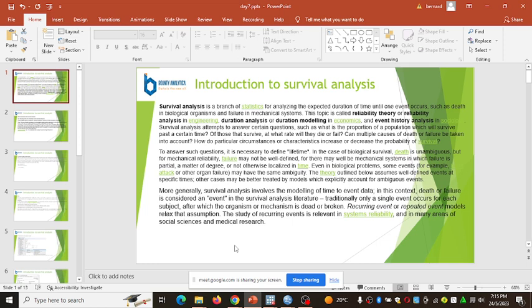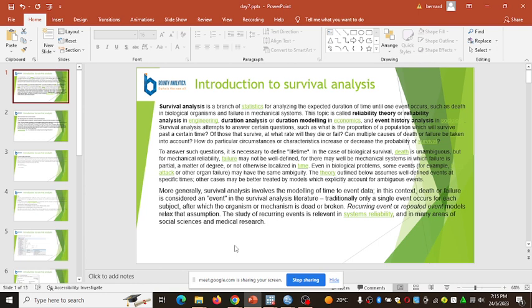So of those who survive, at what rate will they die or fail? I'm sure it's not sinking in yet, because this is your first time to hear the words survival analysis. So, at what rate will they die or fail?